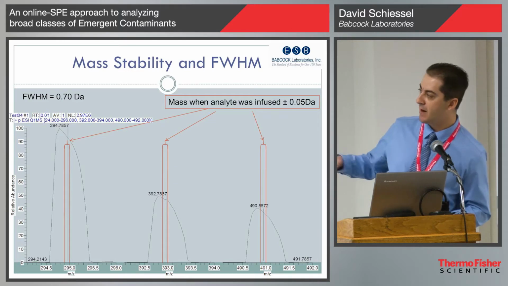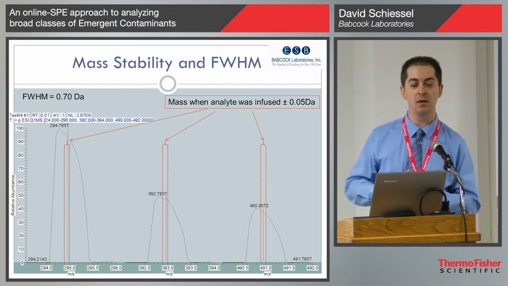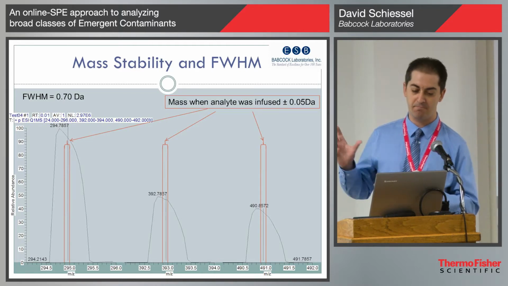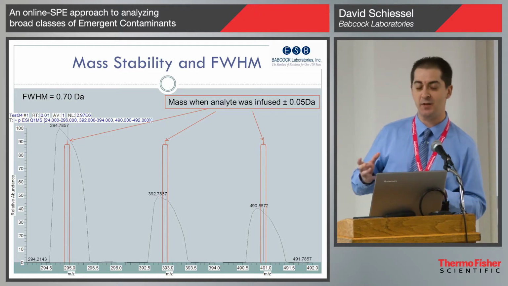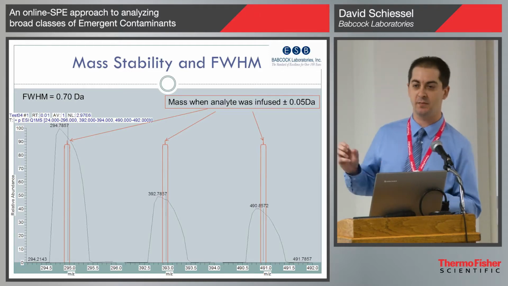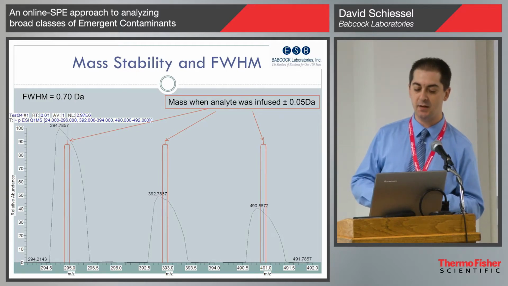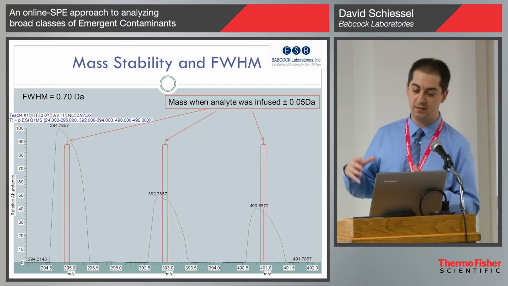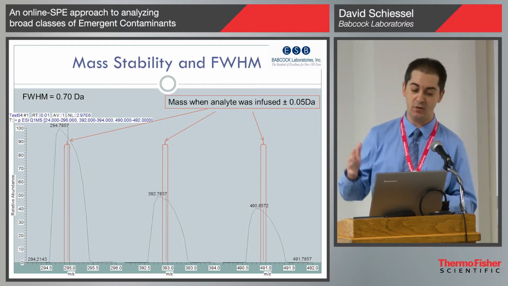This is a graph illustrating this. We've done some data acquisition in profile mode, because we've seen that centroiding doesn't always centroid correctly. So we've collected profile mass spec data just so we can see what's going on with the mass peaks on a continuous basis.